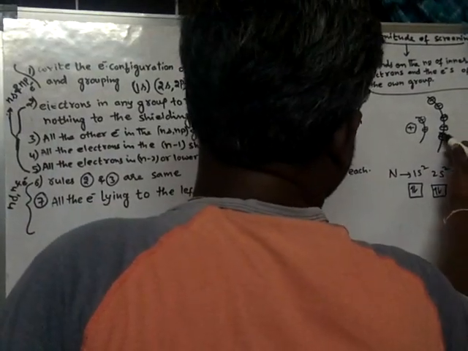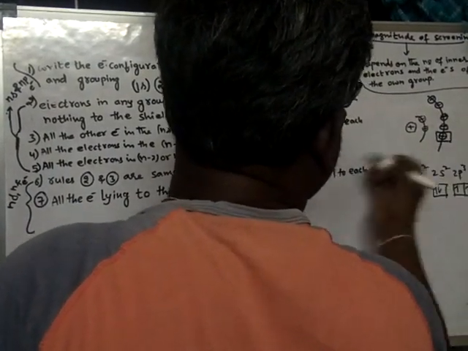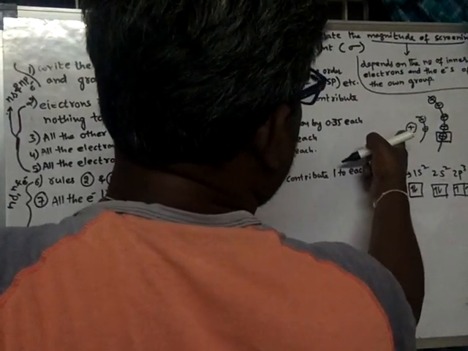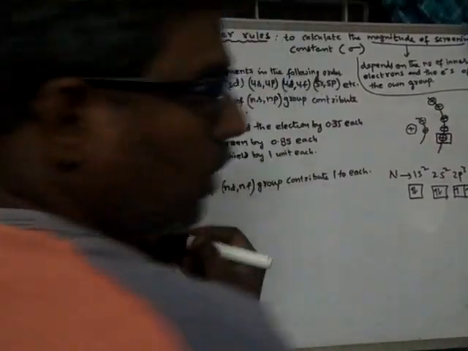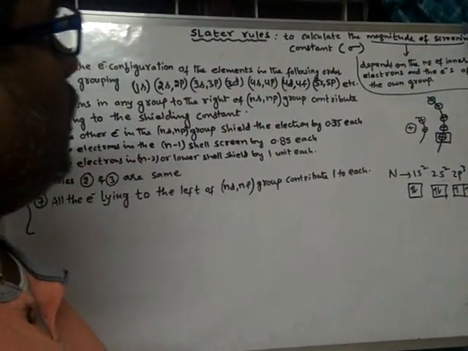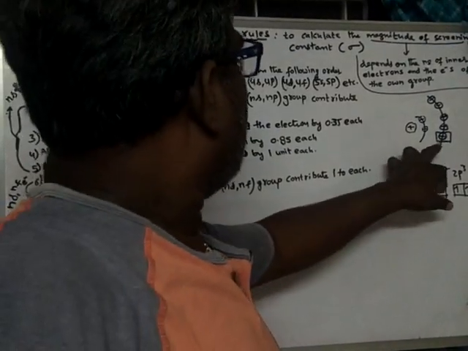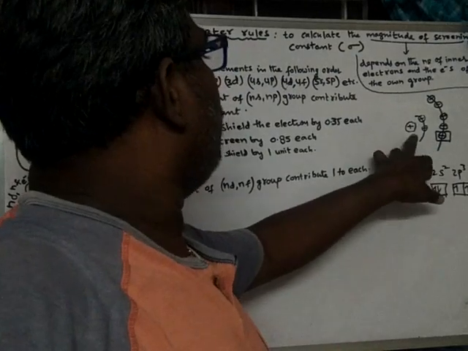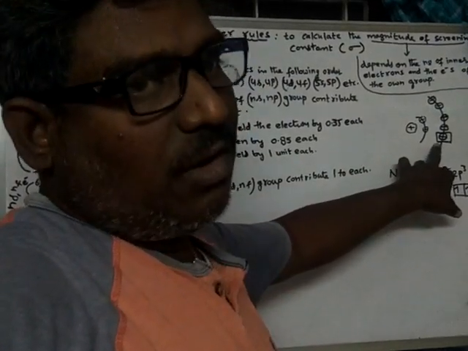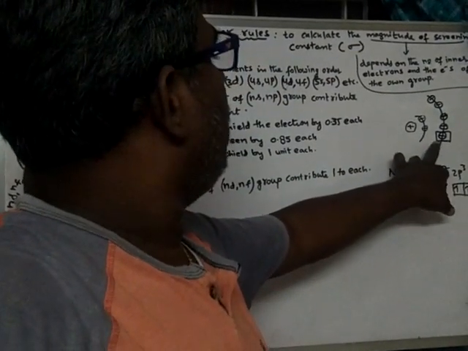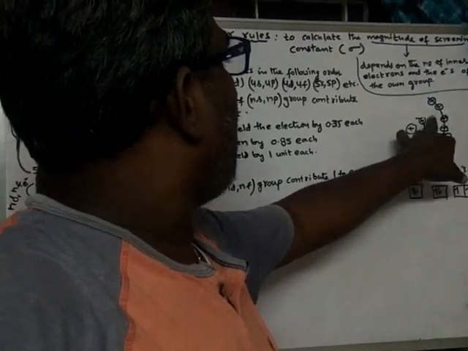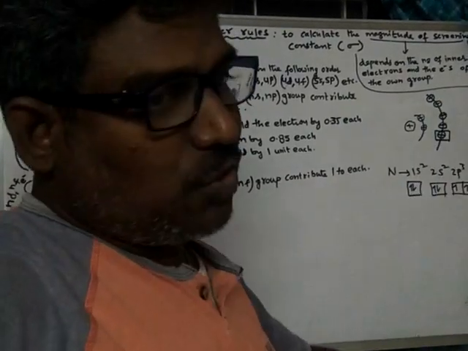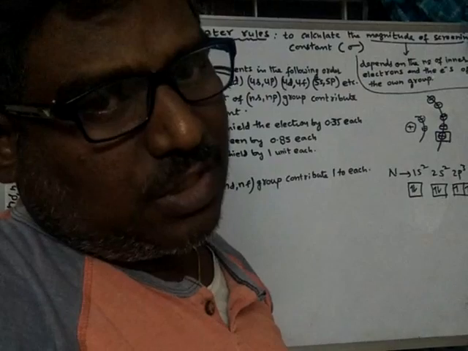Suppose we take this electron. The nucleus will show a force of attraction on each and every electron. But the actual force of attraction shown by the nucleus is not felt on this electron, because the other electrons reduce the actual force of attraction of the nucleus.